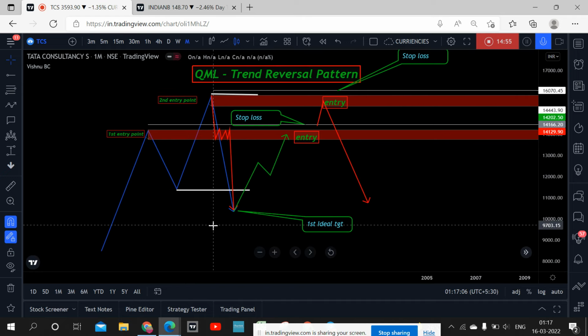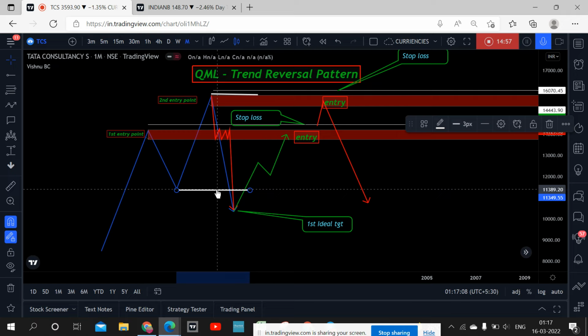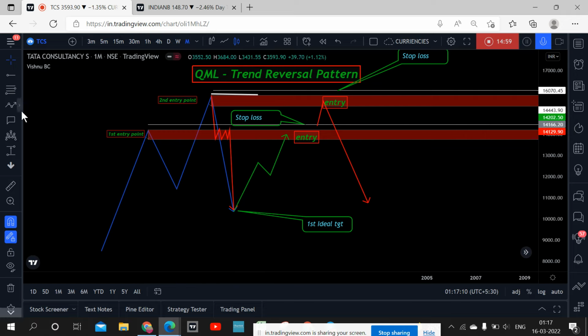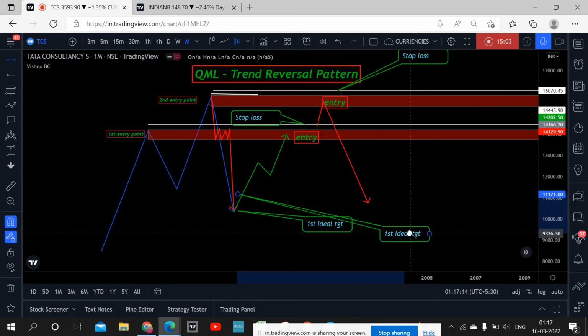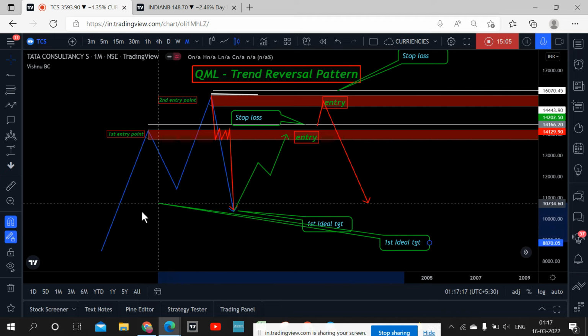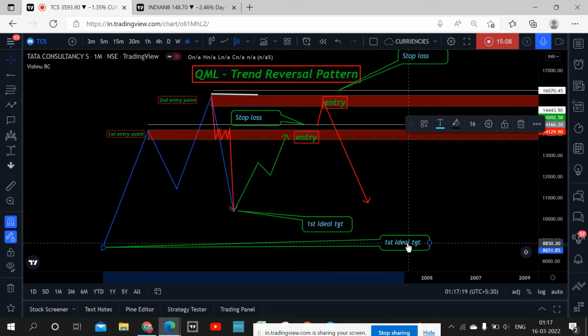After initiating a sell, the immediate swing low will be your first target, and your next target will be the previous swing low.